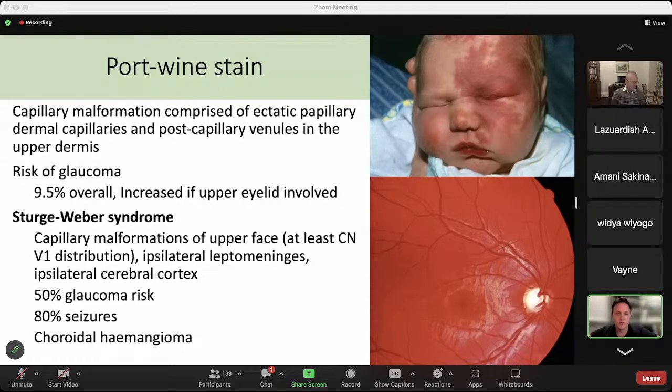And often these kids do better with a tube, for example, than angle surgery. So they're the known signs that we look for, or conditions that we see associated with glaucoma.